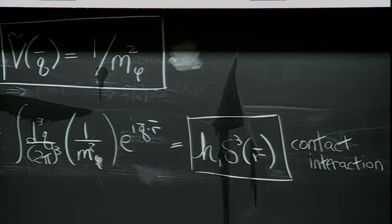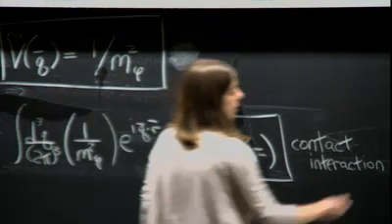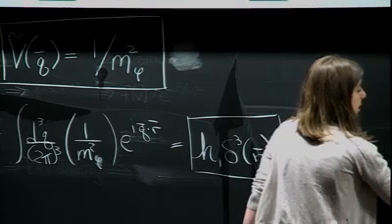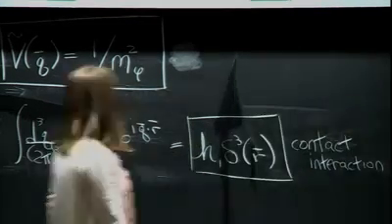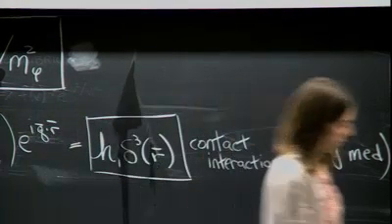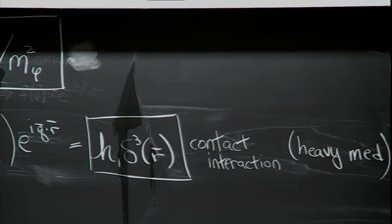As an example of how this would be different in the case of the light mediator, so I'll put this in parentheses, this is heavy mediator. If I had a light mediator, things would end up changing because my effective potential now doesn't have just a mass here. It's going to have a 1 over q squared. So this is going to depend on the momentum transfer.